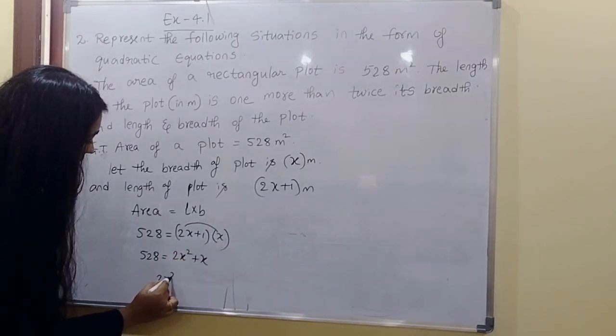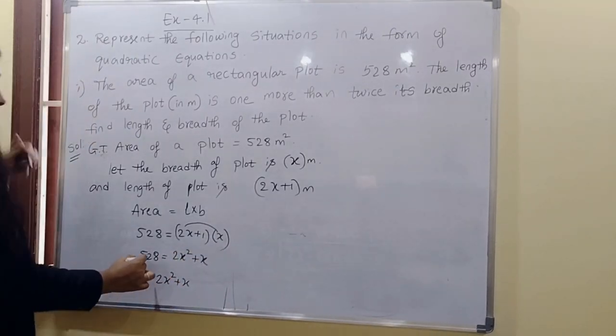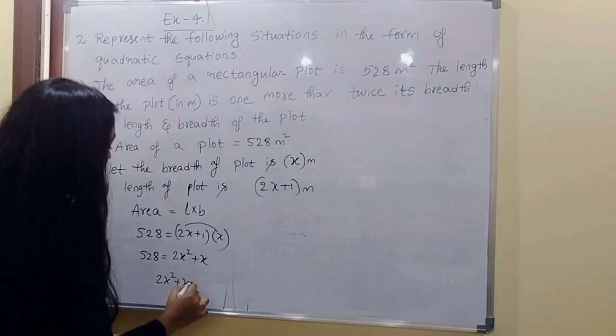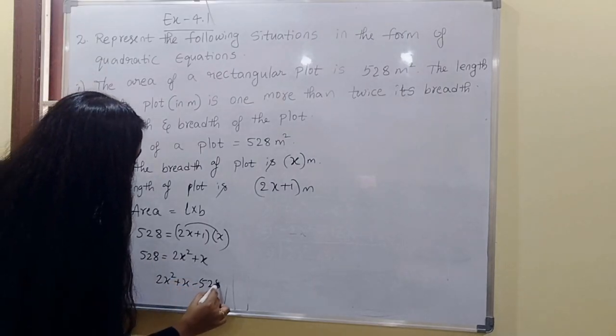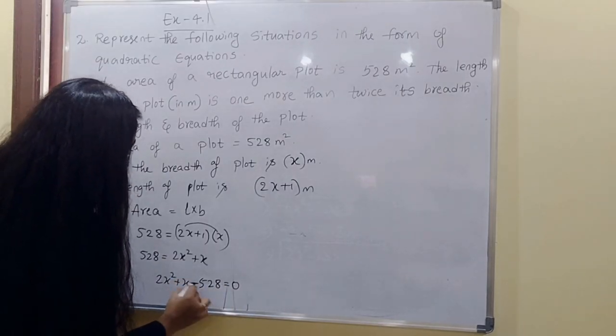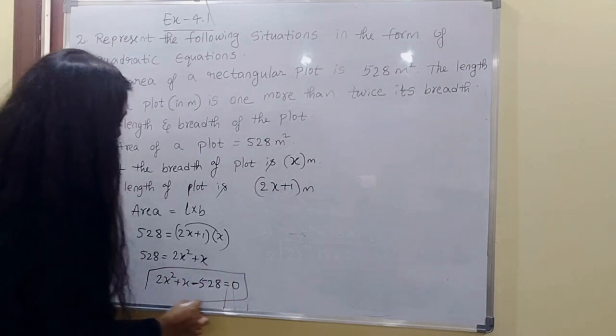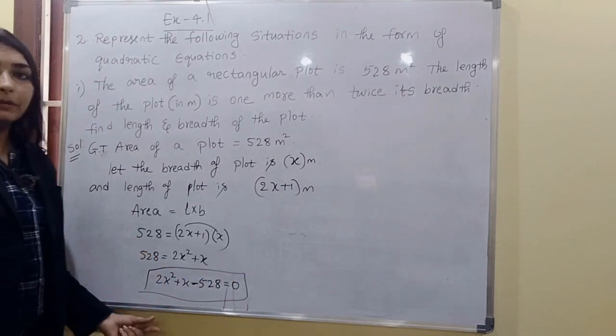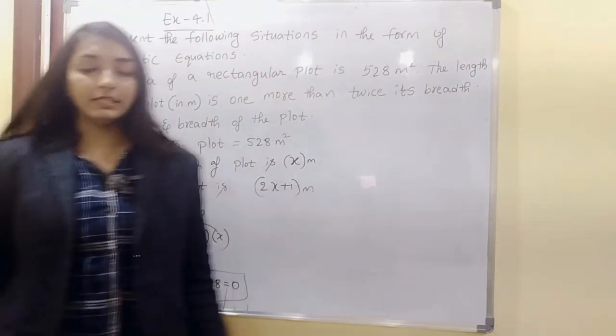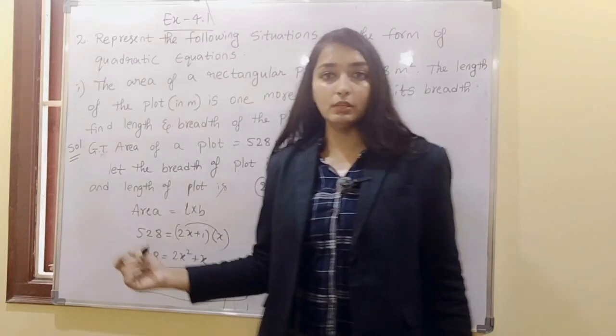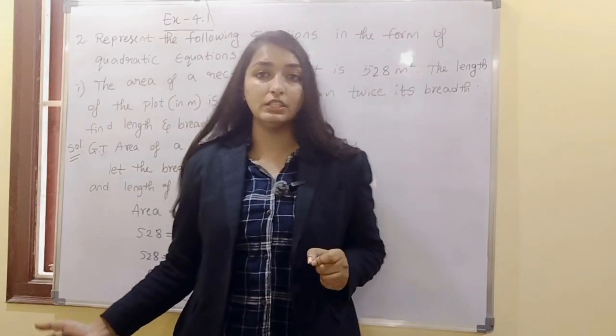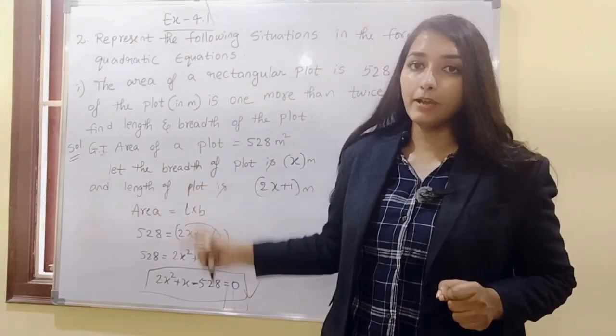So 2x square plus x, I am sending this 528 to that side, it becomes minus 528 is equal to 0. So what is the equation we got? 2x square plus x minus 528 is equal to 0. The required representation of the problem mathematically.